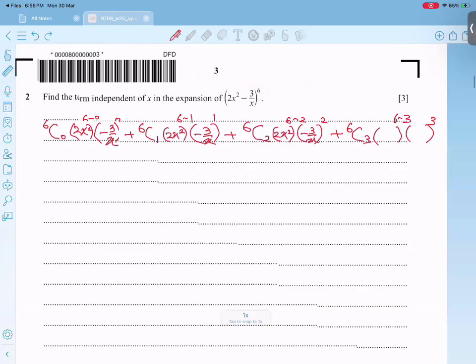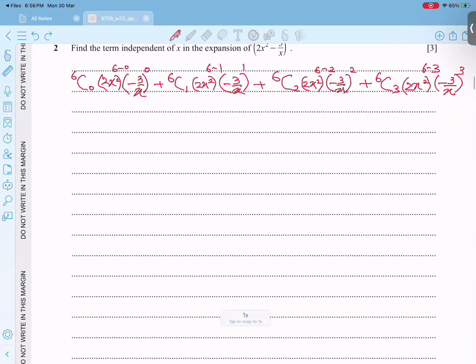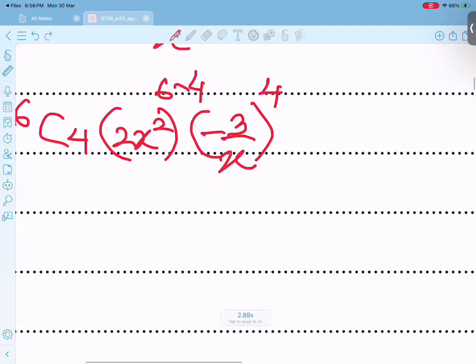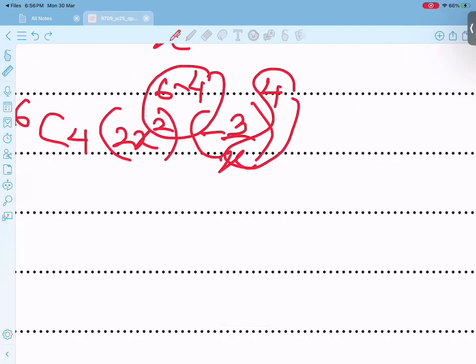Still, I need one more expansion. 6C4. So 6 minus 4 and the 4. Here I get 2x to power 2 and here negative 3 over x. So this 2 and 2 twos are 4. Let me zoom for you. This is a 4 and this is also 4. So it means here x will cancel out.